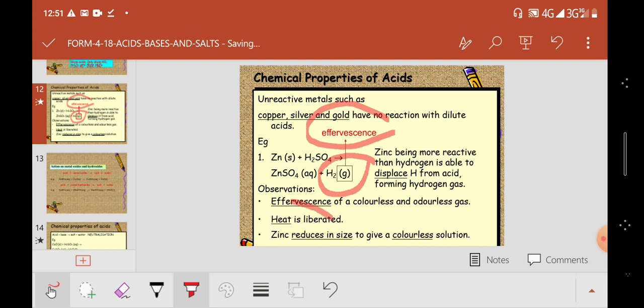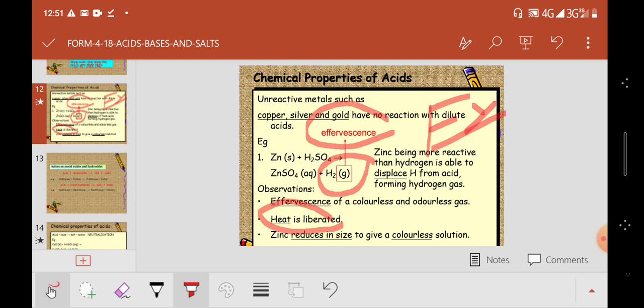They also produce heat, and such a reaction is normally called exothermic. You can use the letters E-X-O to mean exothermic. So the observations for reacting acids and metals are mainly two. You have bubbling, production of a gas, and you have production of heat. That is to mean the reactions are exothermic.